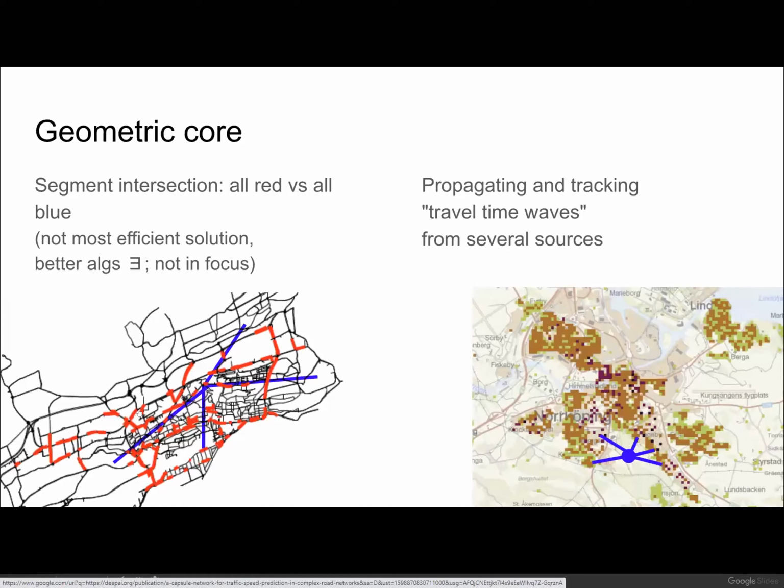So you had your old roads, the red ones, you have your new roads, the blue ones, and you want to check where they intersect. And of course, one possibility is that you just go through all possible pairs of red and blue and test where they intersect. That's not the most efficient solution. You can do things faster, but we do not really go into the algorithmic details in this course.